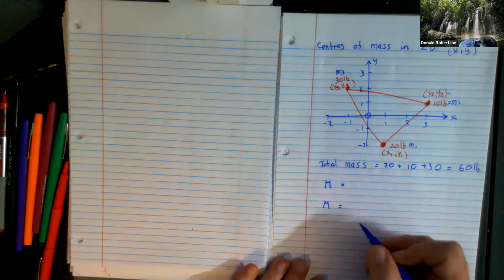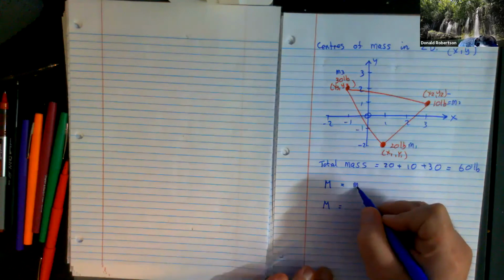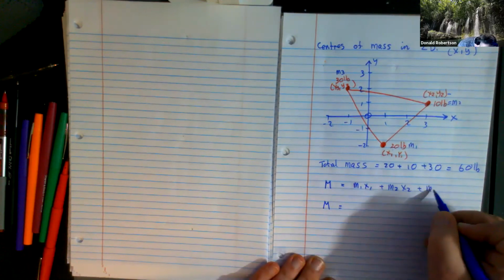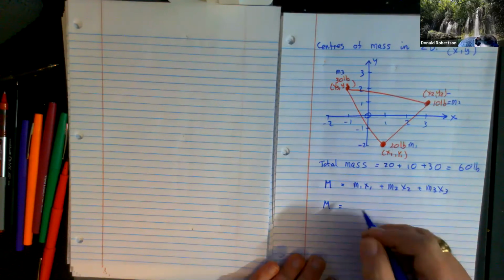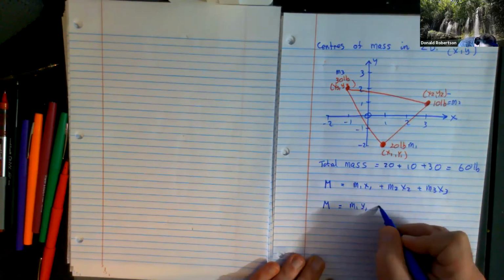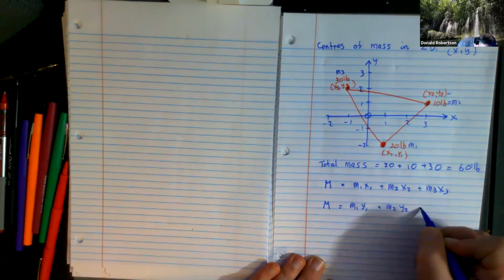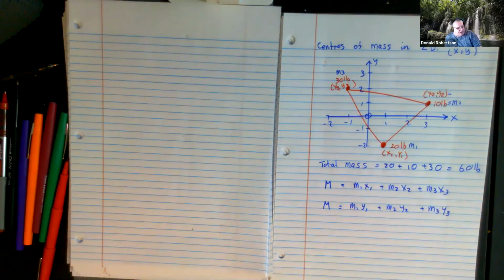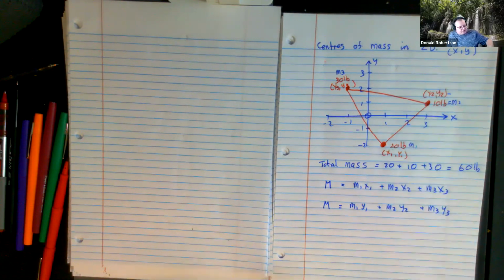One of them is going to be M1x1 plus M2x2 plus M3x3. And the other one, I don't think it should be a surprise. Would you agree that would make sense, that you would get the moments using the x's and the moments using the y's? Does that make sense to you?